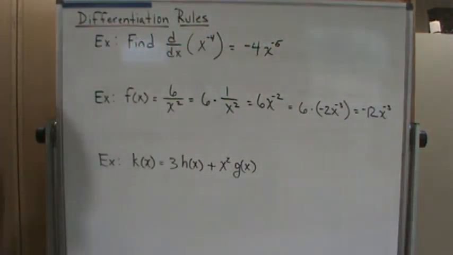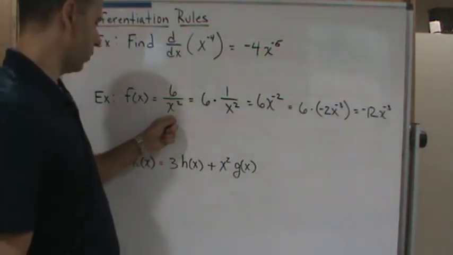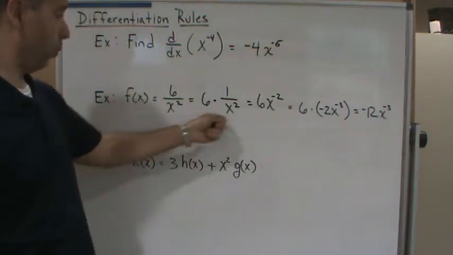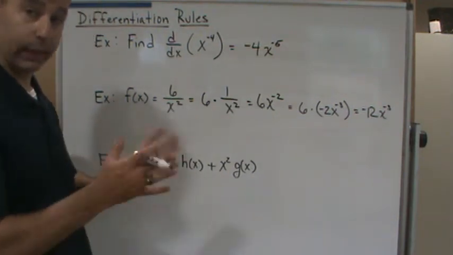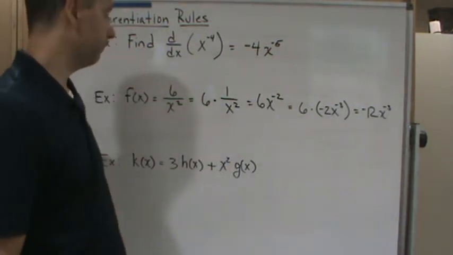That's a lot easier than doing the product rule or the quotient rule. Okay. So keep an eye out for ways of simplifying things or rearranging things or rewriting the problem so you can do it easier. Okay?